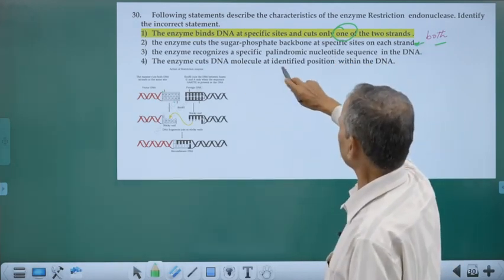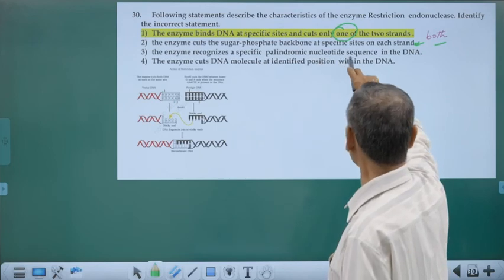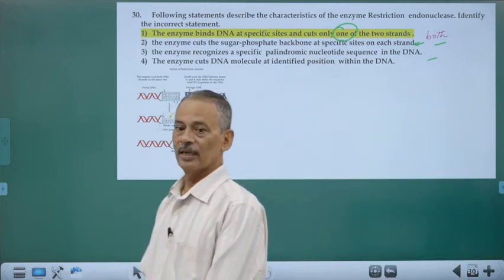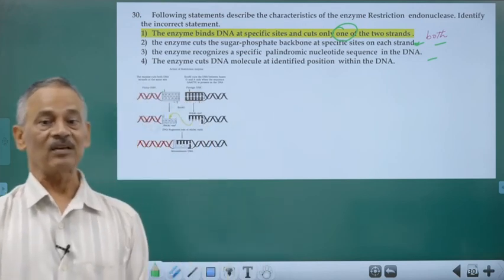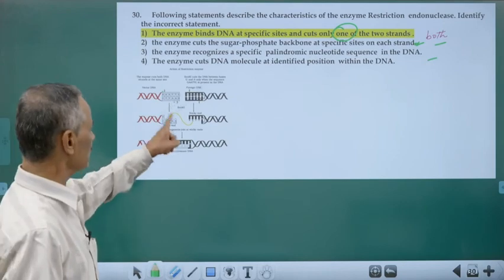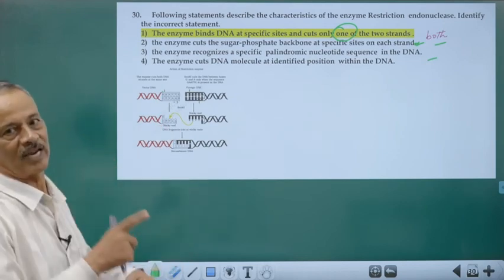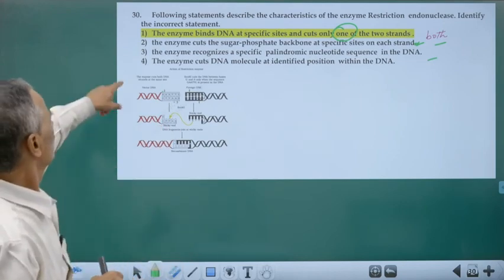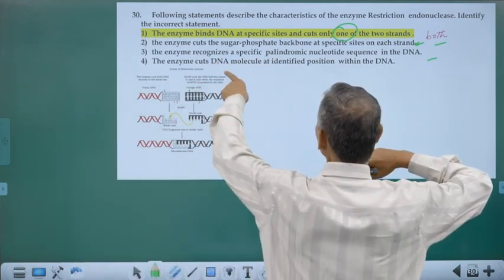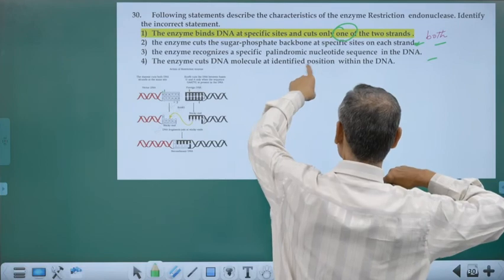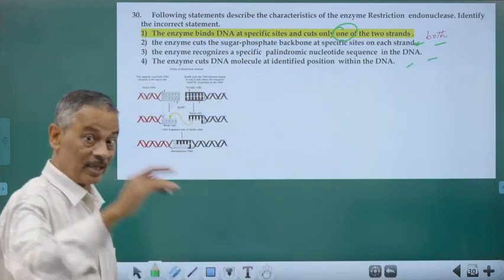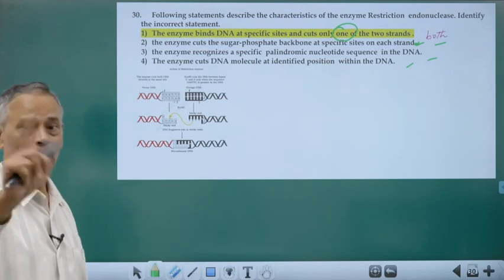The enzyme recognizes a specific palindromic nucleotide sequence on the DNA. They recognize a specific sequence, and that specific sequence is a palindromic sequence. It is within that palindromic sequence that they cut. I told you it is type 2. Palindromic sequence, correct. The enzyme cuts the DNA molecule at an identified position within the DNA. They are not cutting anywhere.